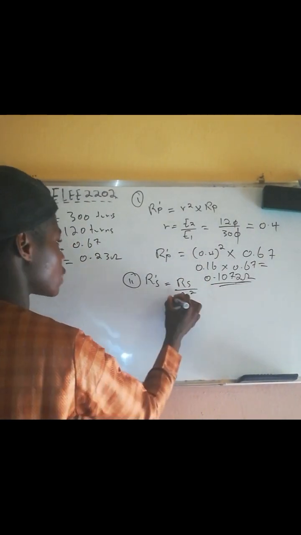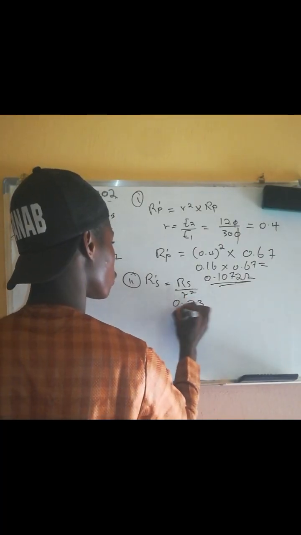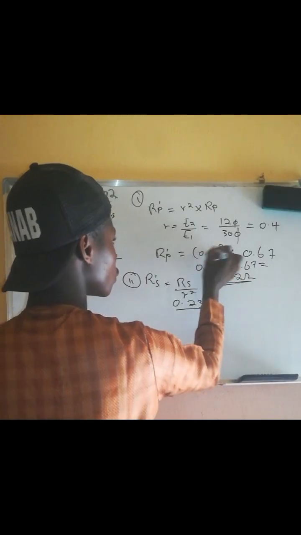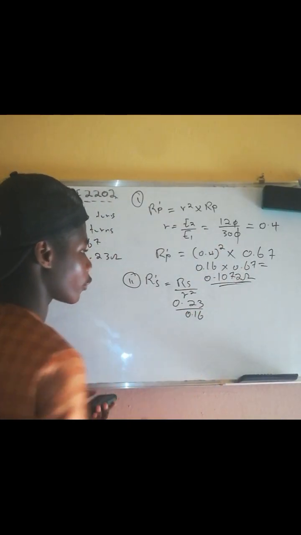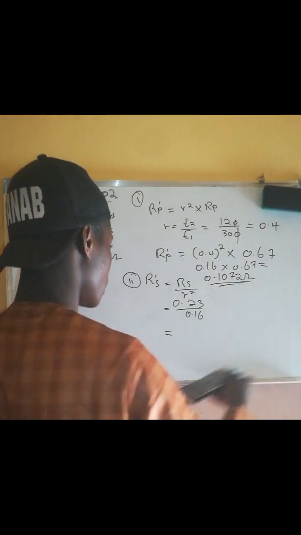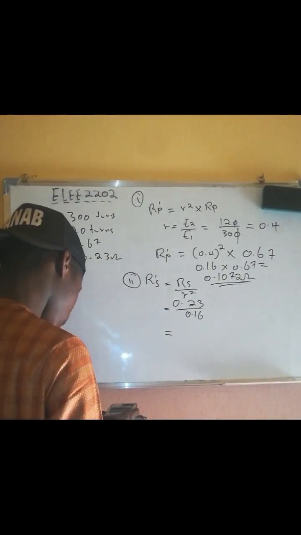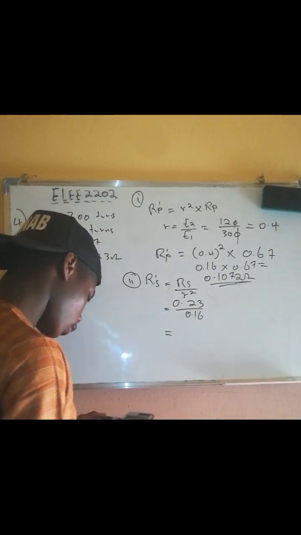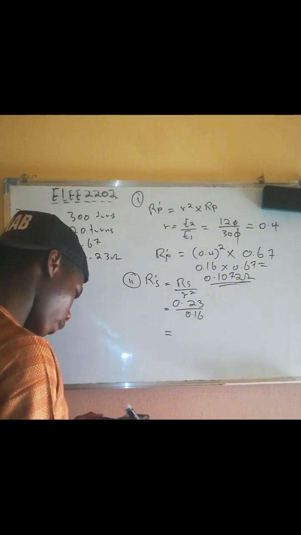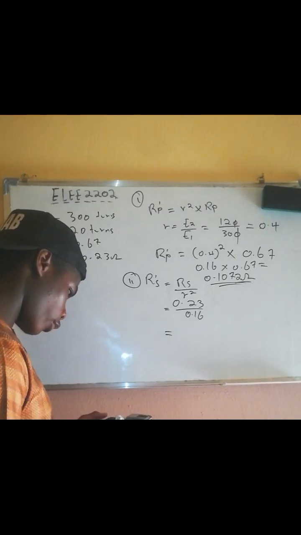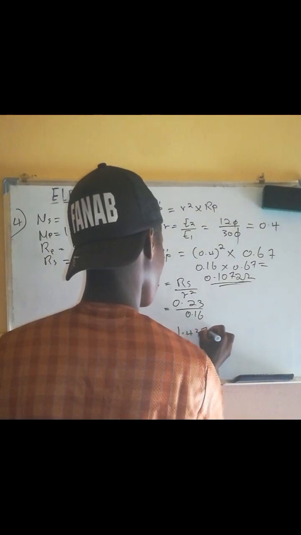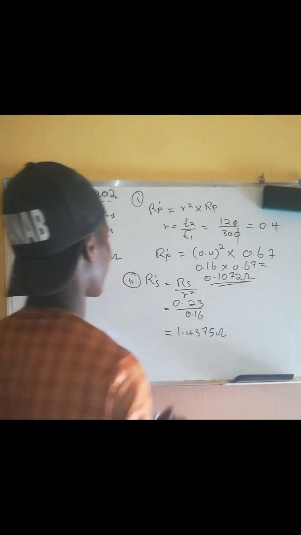So the value of Rs we are having is 0.23 over 0.4 squared, which is 0.16, and therefore 0.23 over 0.16, we are having 1.4375 ohm.